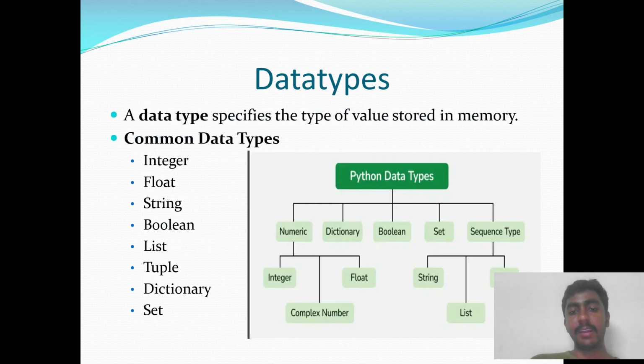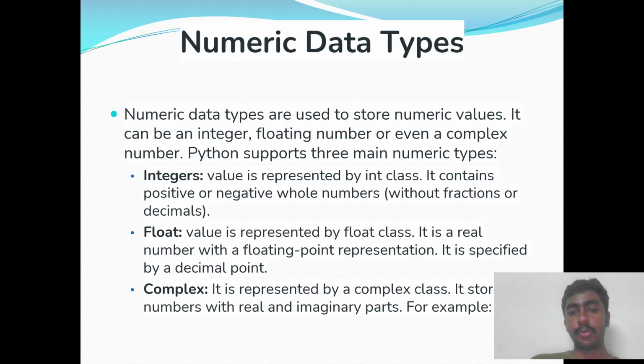Examples include 10, -25, 0, 500. Integers are used whenever we work with whole numbers, for example student roll numbers, number of books, number of employees, age in years. These never contain decimals, so that's why we use integers.